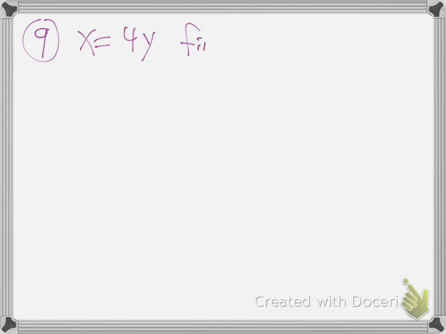Okay, so find the slope. Let's try that one. So find the slope of that thing. Okay, so what do we do to find the slope here? Divide by the 4, because we just got to get y alone, right?